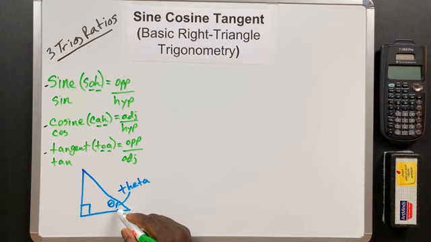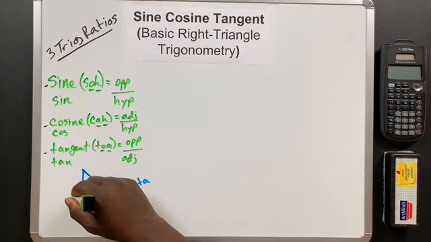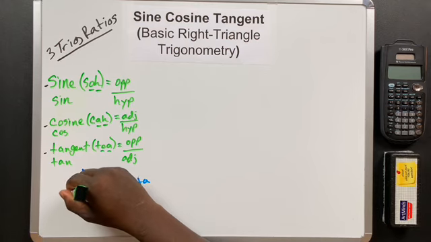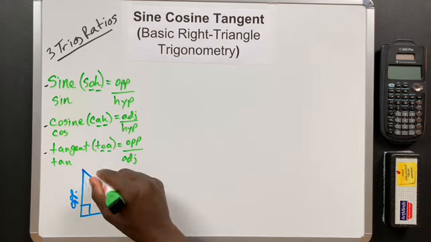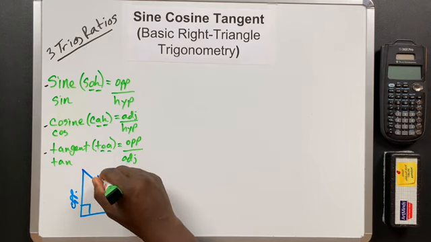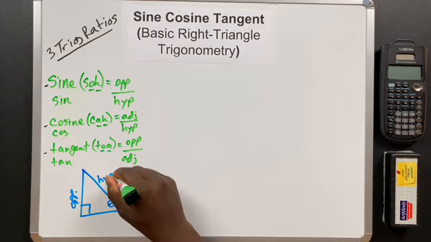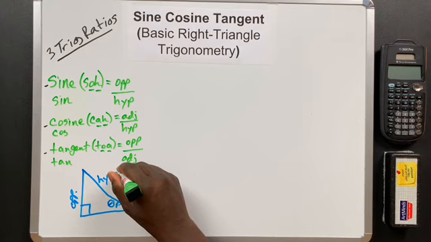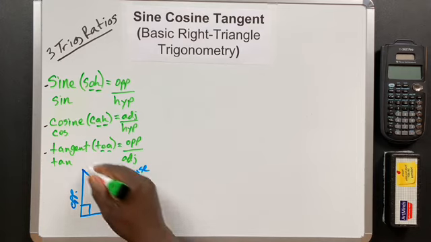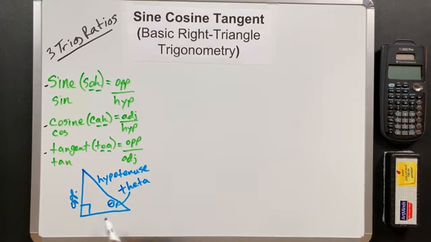If theta is here, then we would call this side opposite, and this side right here is always the hypotenuse. I'll go ahead and spell it out. The hypotenuse is always opposite the 90-degree angle.